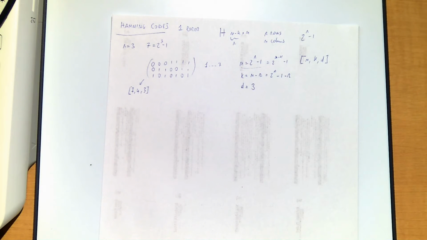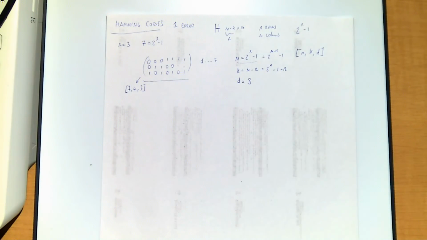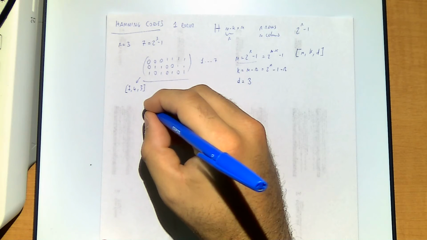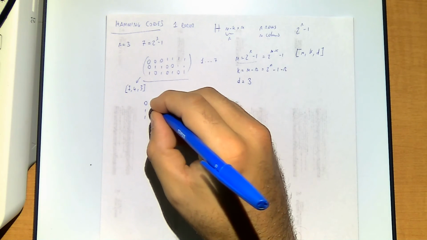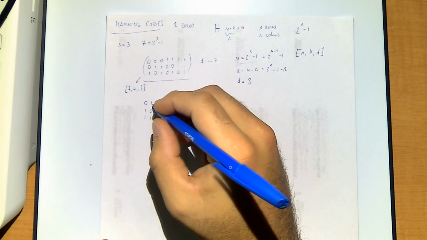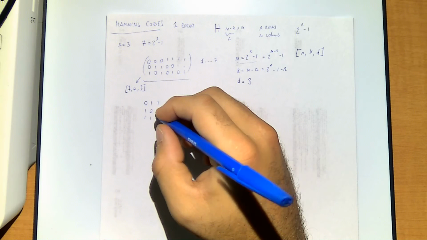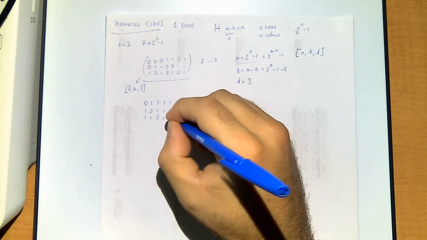Okay, and this brings us to, for example, if I move this, it's not in standard form, right? But I can move this into standard form if I take, for example, 0, 1, 1, 1, 0, 1, and then 1, 1, 0, and then 1, 1, 1, and then the identity matrix.